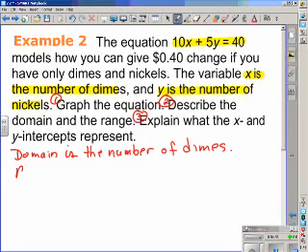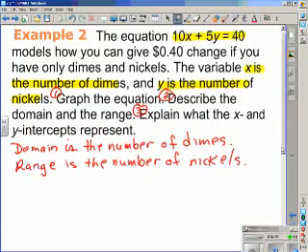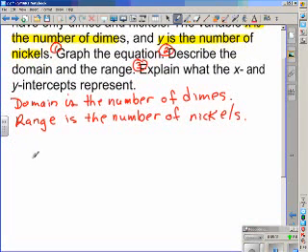And the range, since it is defined as the y values, is the number of nickels. To explain what the x and the y intercepts represent, generally they represent where the equation is going to cross the x and the y axis, but for this particular problem, we want to be very specific in explaining what they mean.